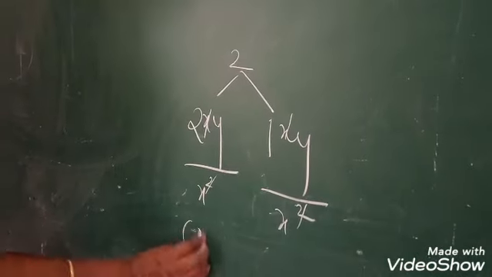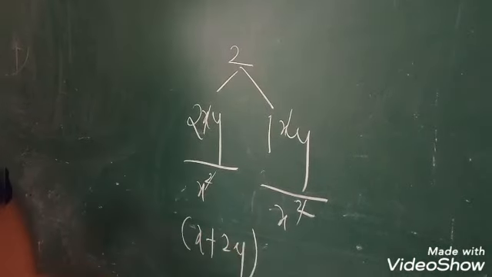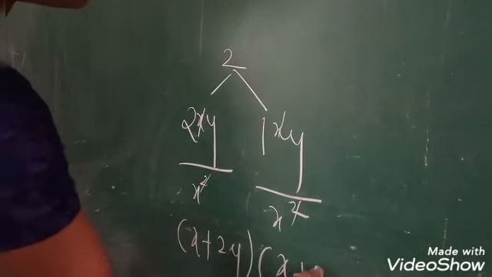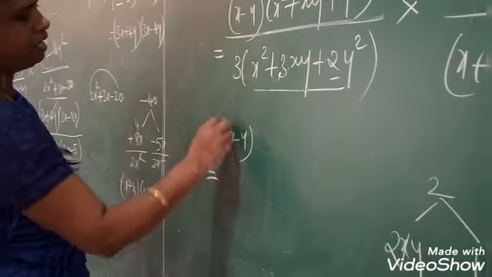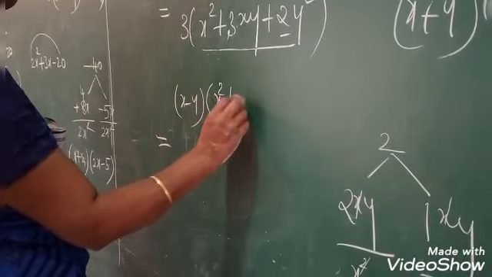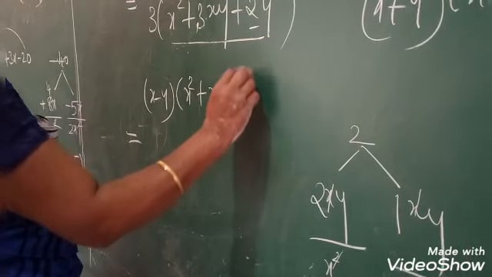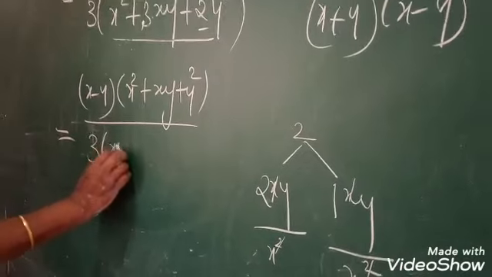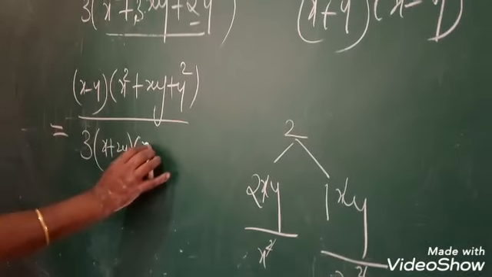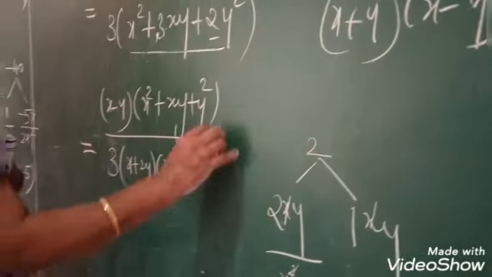The factor is x plus 2y, one factor. Another factor is x plus y. Now you should apply, girls. x minus y, the numerator x squared plus xy plus y squared. Next here 3 into. Now we found the factors: x plus 2y one factor and another x plus y.